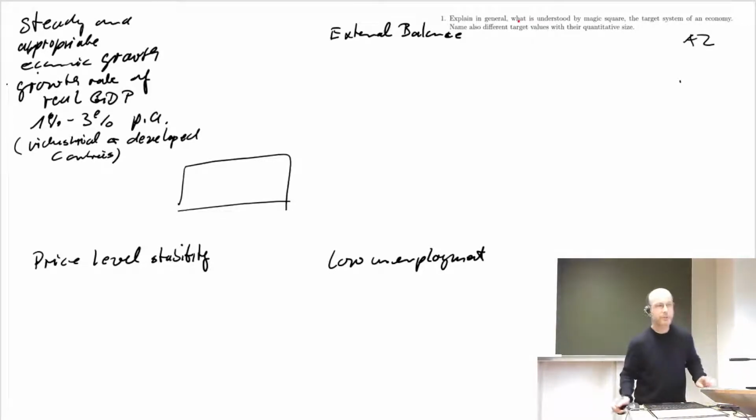Because the forecasts for China, for example, are for this year now roughly 3.5%, and this is much too little for this economy because, well, in some regions they are quite developed, but especially if you go to the center of China, it is more or less comparable to African countries.